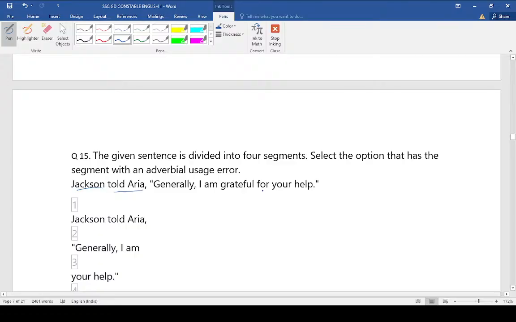Generally, adverbial usage modifies verbs, adjectives or other adverbs. Here generally is written in front. This will be incorrect. So generally I am is the wrong word here. It is supposed to come before the subject.